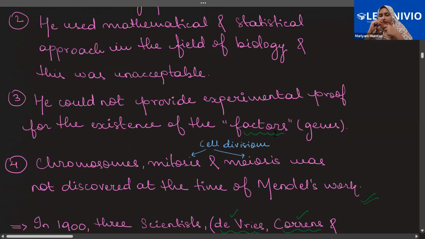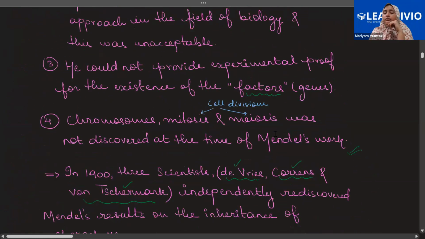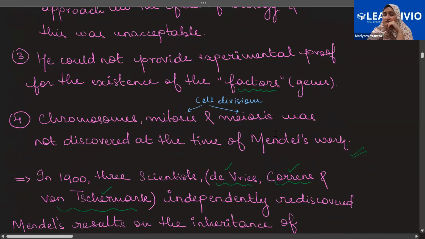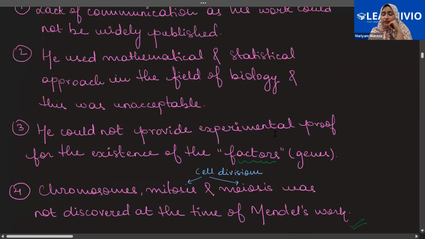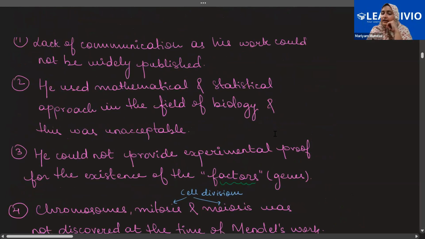Also, at that point of time, chromosomes, mitosis and meiosis, meaning cell division, had not been discovered. So he was way ahead of these discoveries. So these are the four reasons because of which Mendel's work was unnoticed. This is a very great question: even though he did such great work, why was he unnoticed, right?